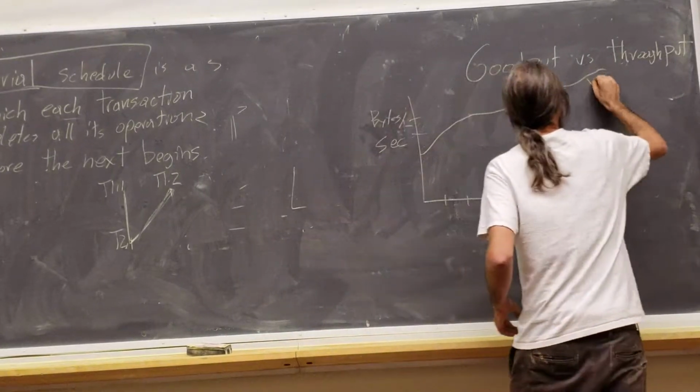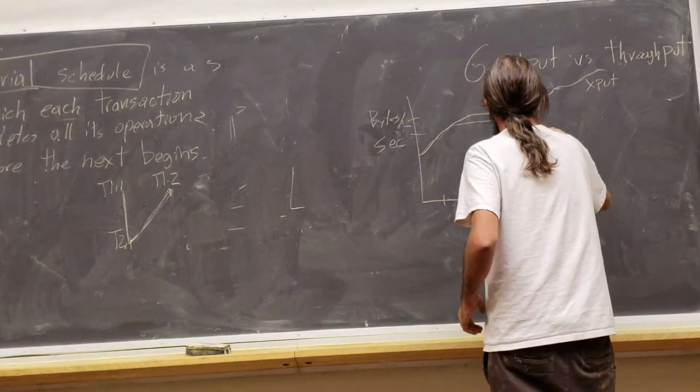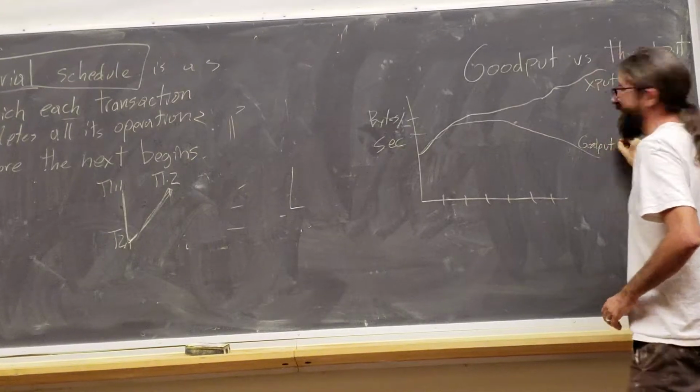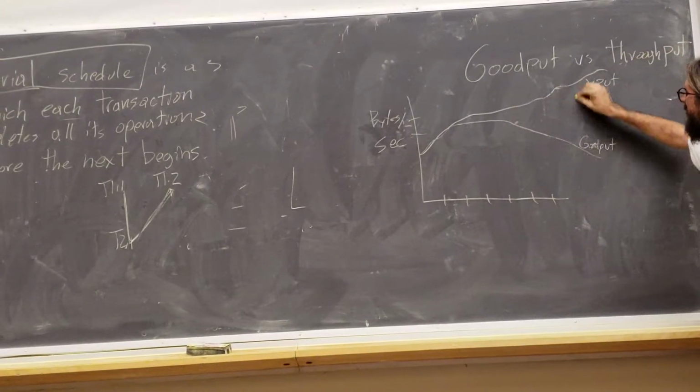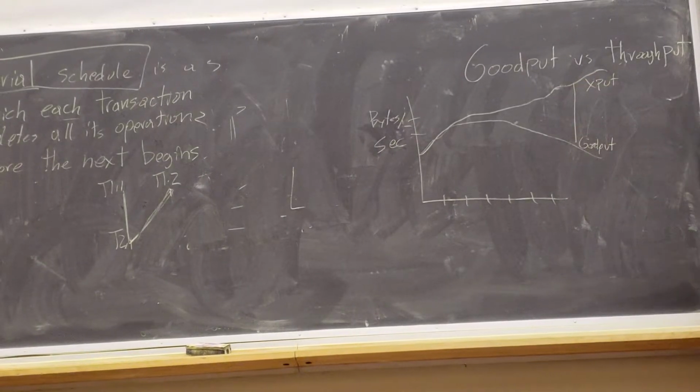And this is your throughput line. But your goodput line might look like this in an optimistic concurrency control system. Right? So in databases, we almost always measure throughput and goodput, right? Because the delta between throughput and goodput is how bad your system is doing in some sense. Like how many of those bytes were bad bytes.